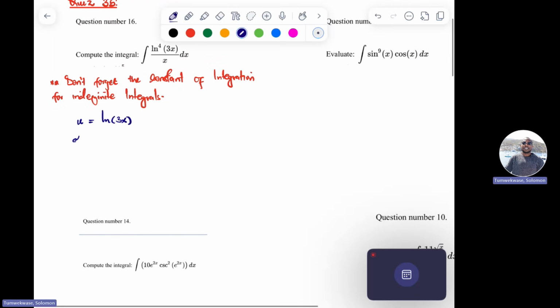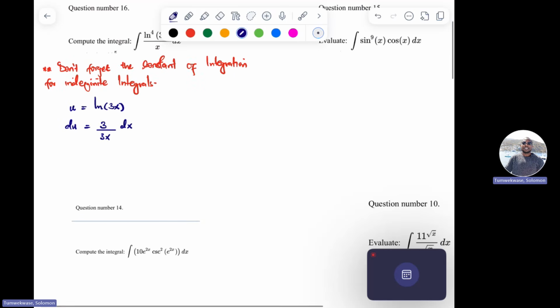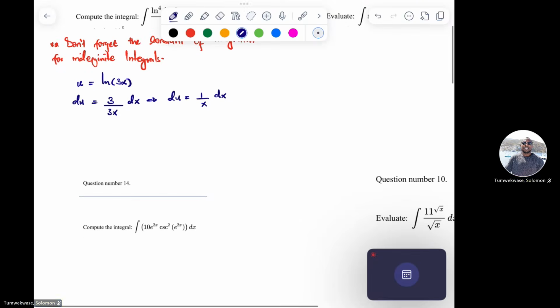When I differentiate both sides, du is the derivative of 3x, which is 3, divided by what you've differentiated, which is 3x, but you're differentiating with respect to x. So du is the same as 1 over x dx. Now substitute everything back into the question.